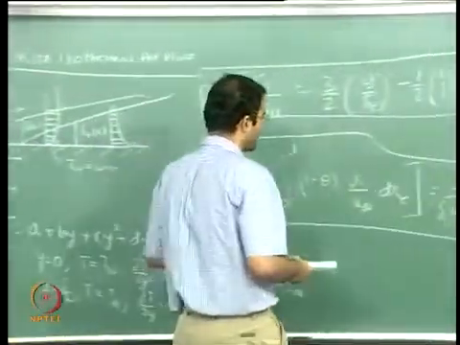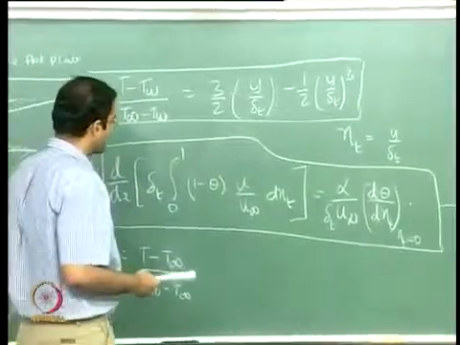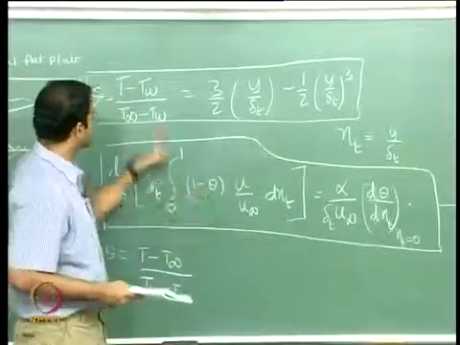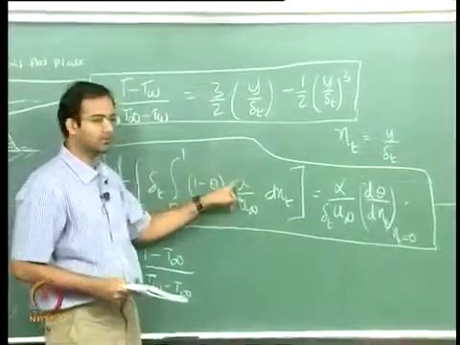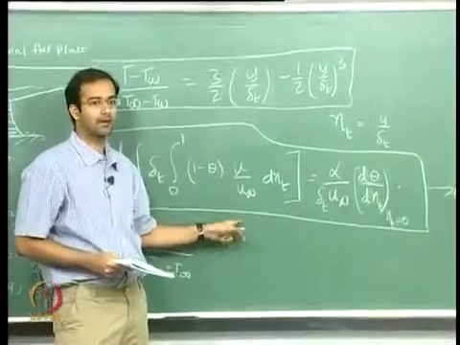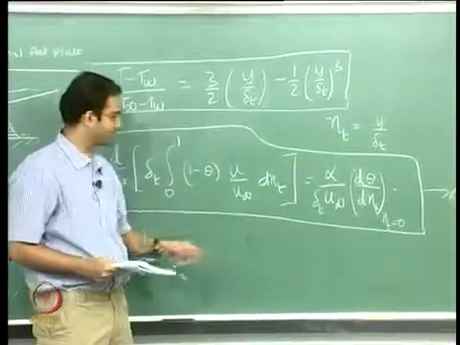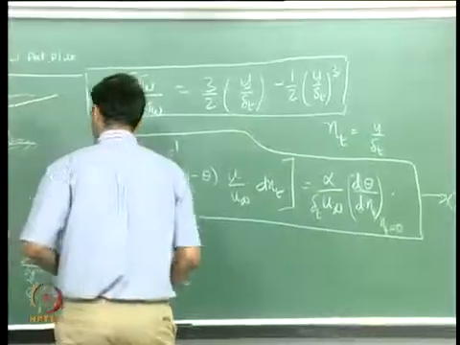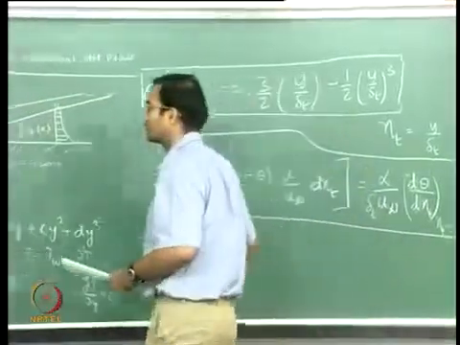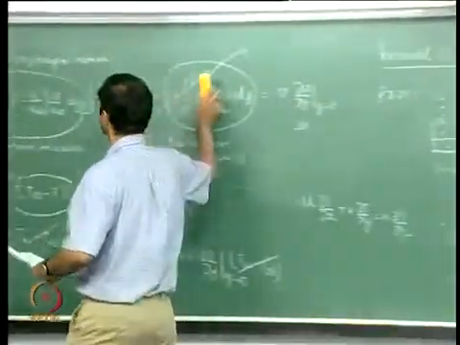All right. So this is the final expression, because we have the profile in terms of theta and also u by u infinity. Therefore we can directly substitute that into this expression. So if you do that, let me erase this.